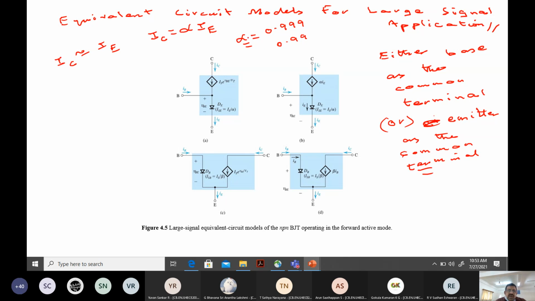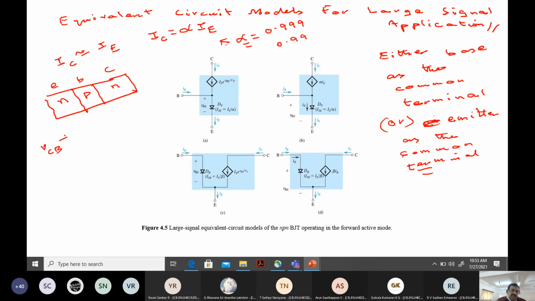So if we consider every transistor, you have an NPN, for example. This is my emitter, base, collector. Now I can take either emitter as the common terminal and talk in terms of emitter-base or collector-emitter.